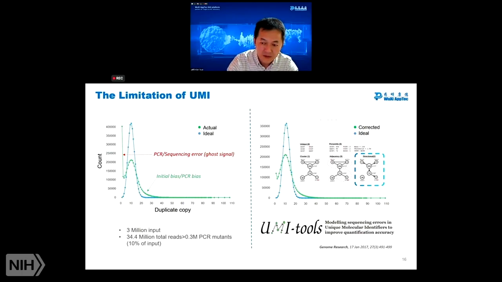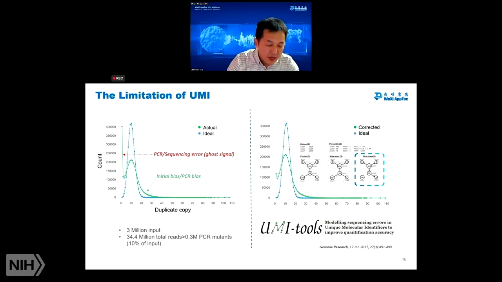Our understanding of this is that these are the PCR mutants. So how harmful is that? As you can see here, 10% of the input amount is actually due to the mutants. In other words, these events didn't happen in the selection. These events were generated by PCR, also known as a ghost signal.